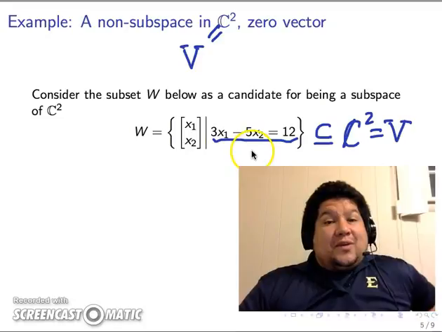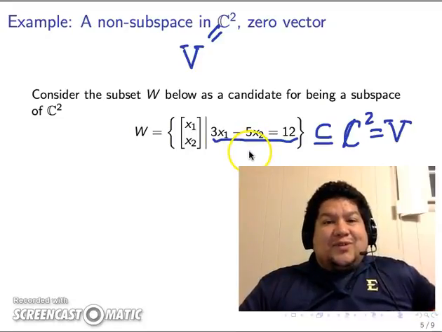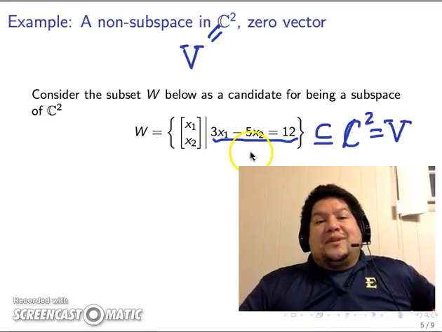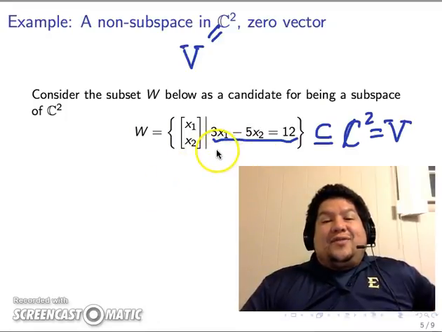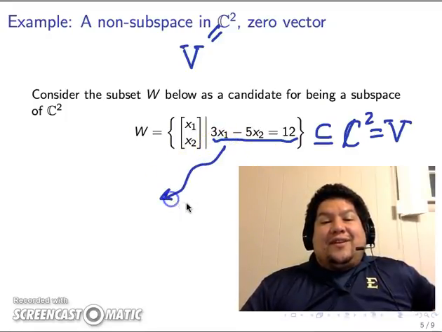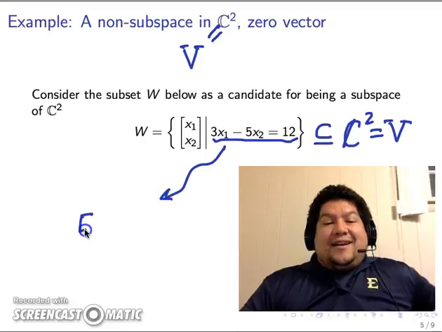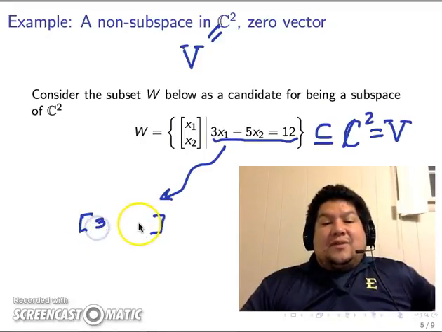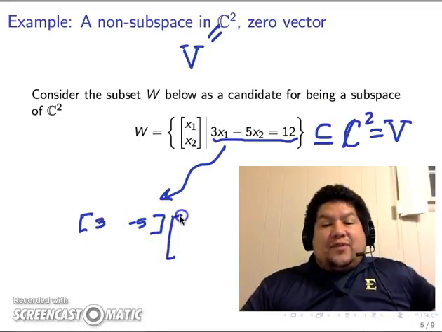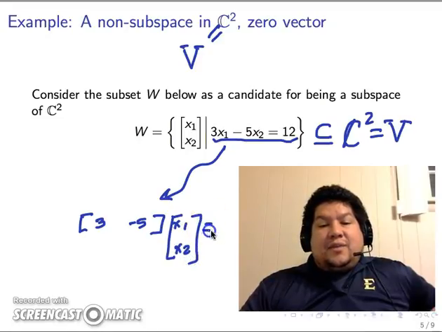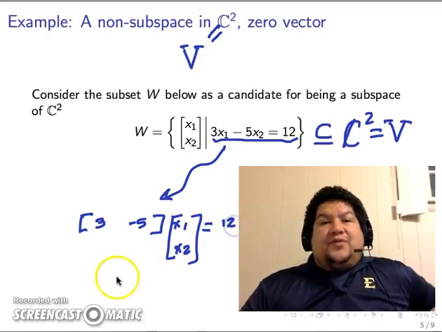This is a system of linear equations with only one equation, so it's one equation, two variables. If you think of this equation in matrix notation, the matrix of coefficients would be 3 minus 5. The vector of variables would have x1 and x2, and this would be equal to 12.